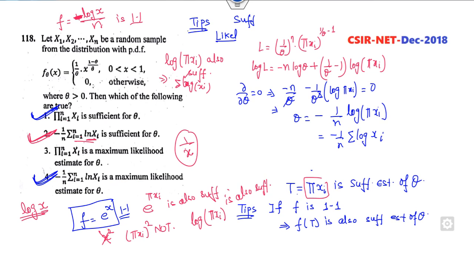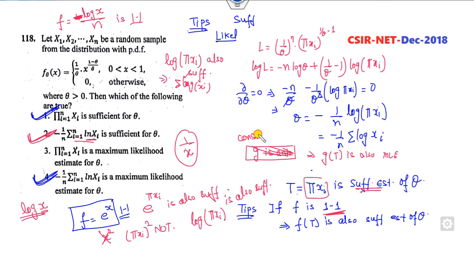Again I will give you a tip here. In this case this is given to you. If you take any function which is onto, then g of this is also the MLE. Remember, for the sufficient estimator we need one-to-one, but sorry, this is for the consistent estimator.